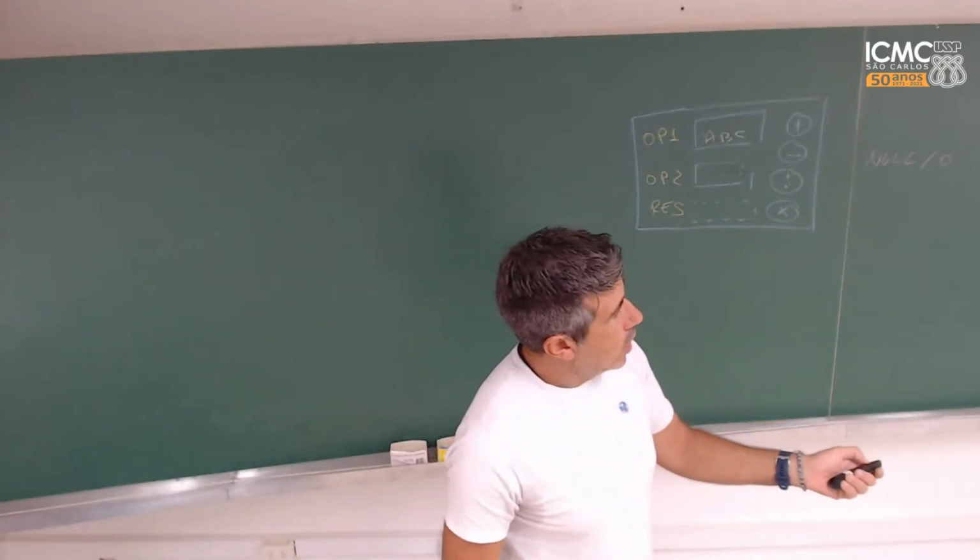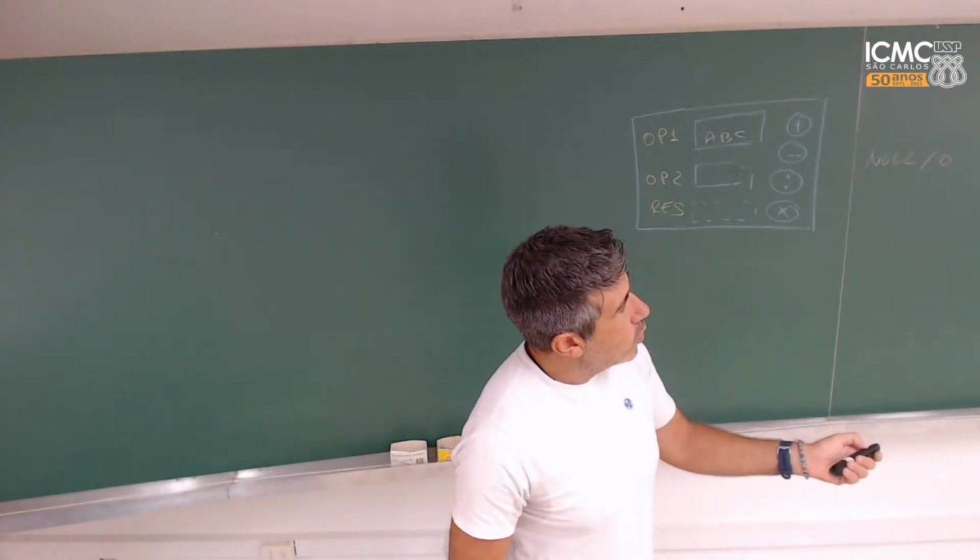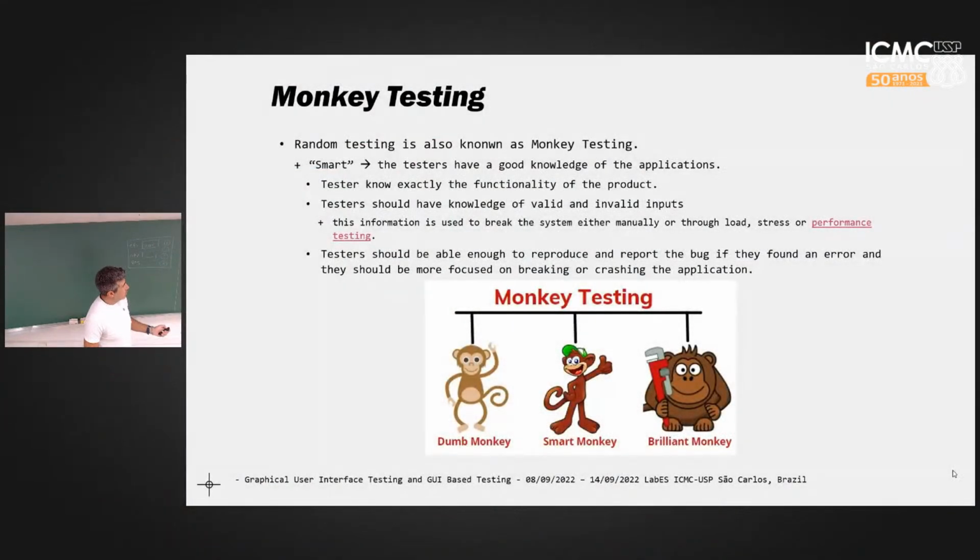But if we know a valid input, we can use the invalid input, as an example in penetration testing, for trying to break the system. If I know the valid input or the invalid input, I can exploit the random generation of invalid input for trying to break the system. As an example, if I know that strings are invalid inputs, I can try to generate random strings.